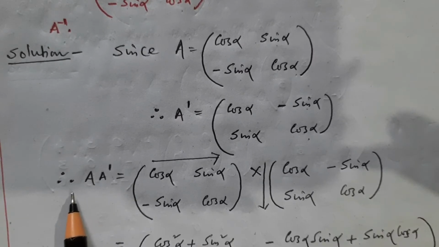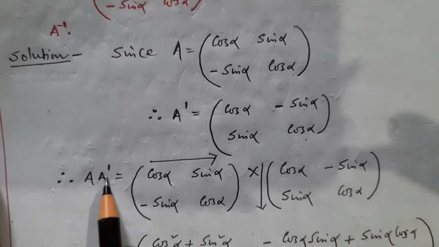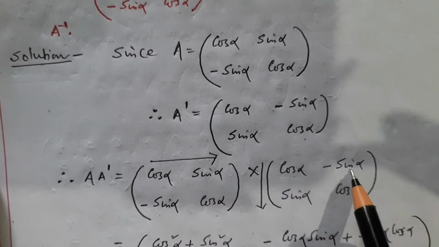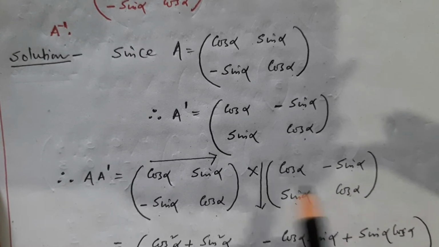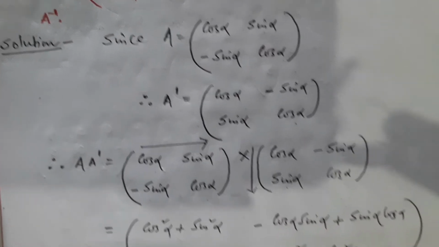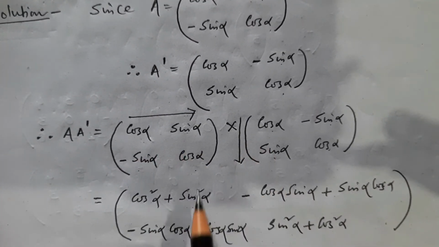Now we multiply A with A transpose, we write A into A transpose, that is [cos alpha, sin alpha; minus sin alpha, cos alpha] into [cos alpha, minus sin alpha; sin alpha, cos alpha]. First row multiplied with the first column, we get cos square alpha plus sin square alpha.